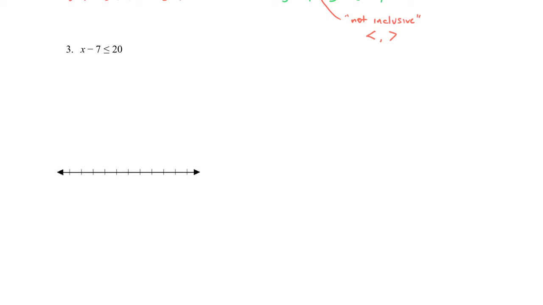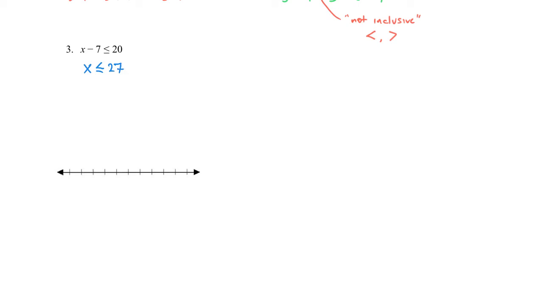If I put 30 in there, that doesn't work. 30 minus 7 is 23, and 23 is not less than or equal to 20. So what about 29? No. What about 28? No. What about 27? 27 minus 7 is 20. 20 is less than or equal to 20. So I want any number that is less than or equal to 27.